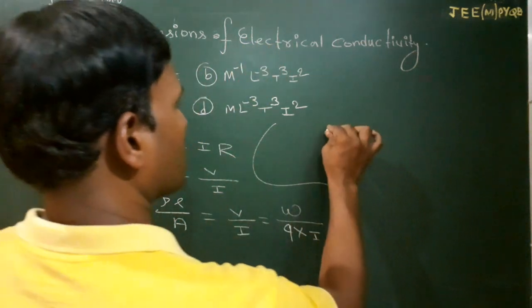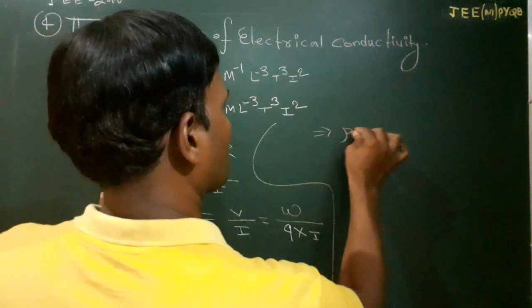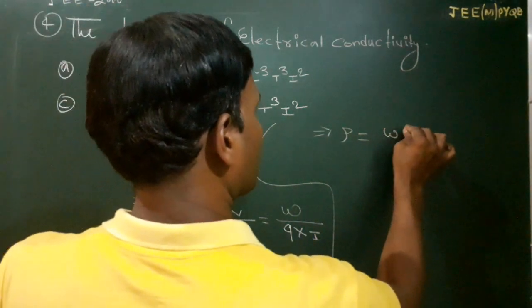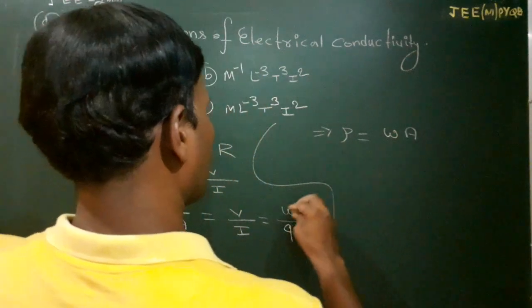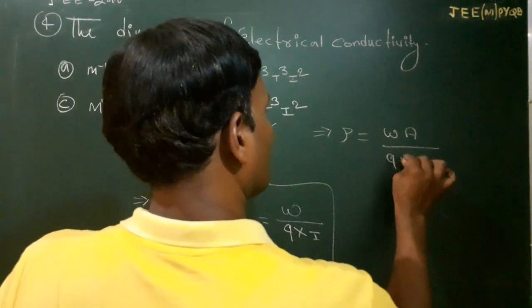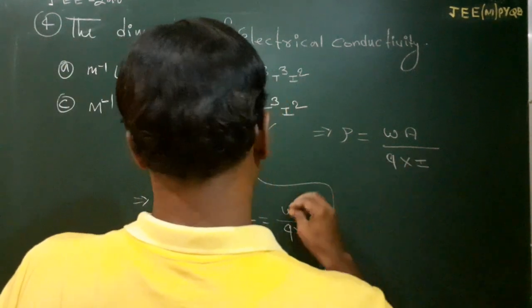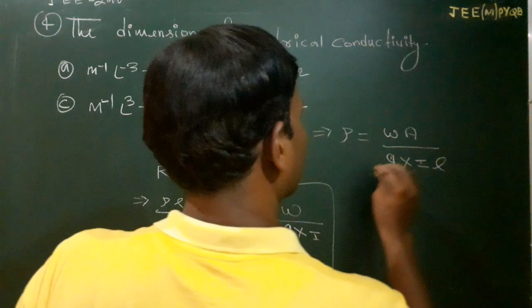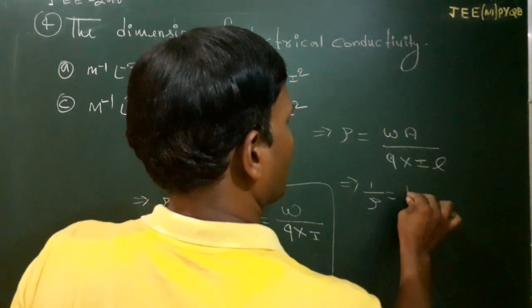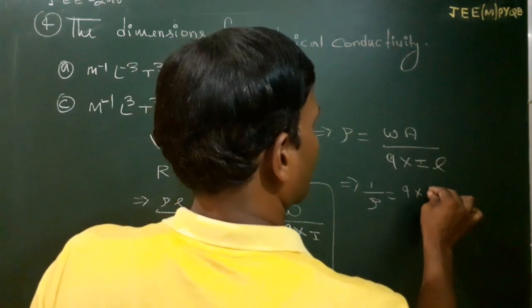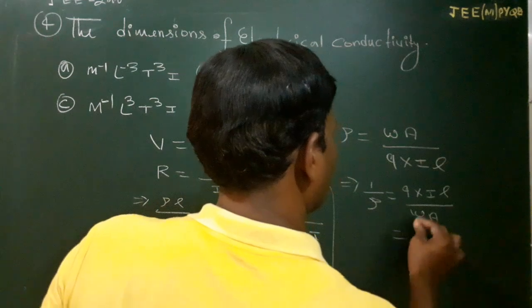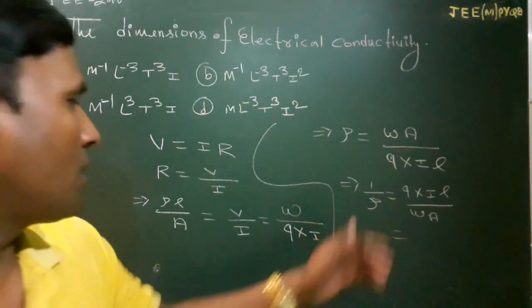First find rho, which is W into A over Q into I into L. So conductivity, 1 by rho, is Q into I into L by W A. Now put the dimension of each quantity and you can find it.